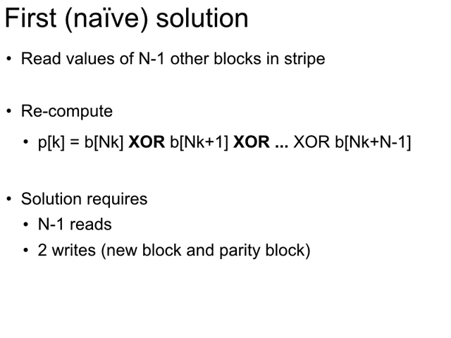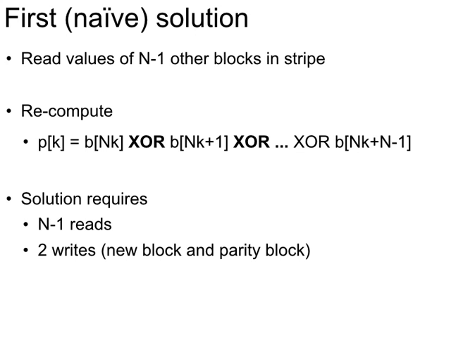If you were to do it the naive way, and you are writing to a block, then you would first have to read all the n minus 1 other blocks in the stripe. Then you perform an XOR of all the data blocks. Then you get the new parity information.